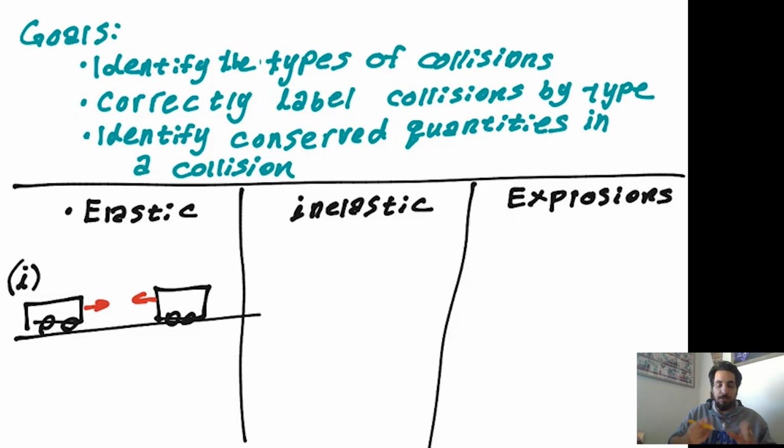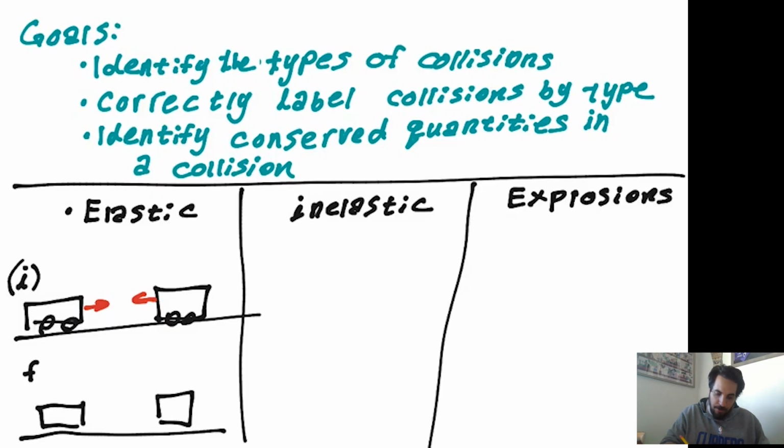They're going to go towards each other, and after they collide, the carts are going to bounce off of each other and possibly go in opposite directions. It doesn't necessarily have to go in opposite directions, but we'll assume here that they do. So this would be an example of an elastic collision. Elastic collisions are defined by the fact that they bounce off of each other, that they do not stick together. That's very important. They do not stick together.